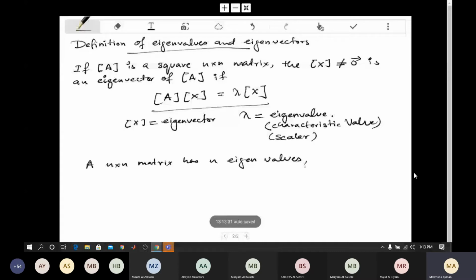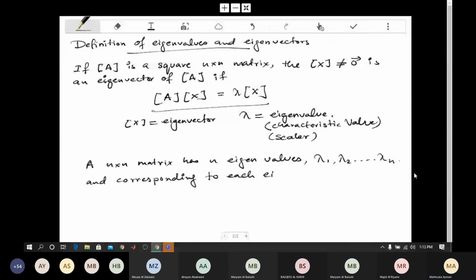Let's name them lambda 1, lambda 2 until lambda n. And corresponding to each eigenvalue, you will have an eigenvector.